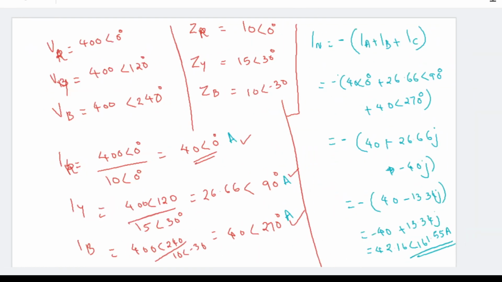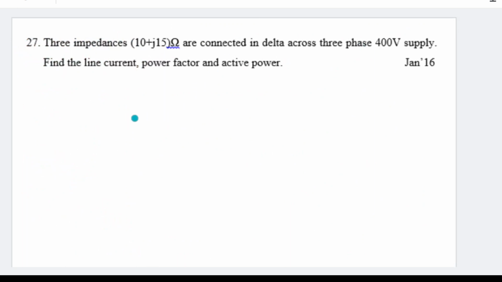Then we are moving on to the next question. Three impedances are connected in delta, and all three phases have the same values. That is very good, because it shows that the load is a balanced load, and the value is 10 plus j15.